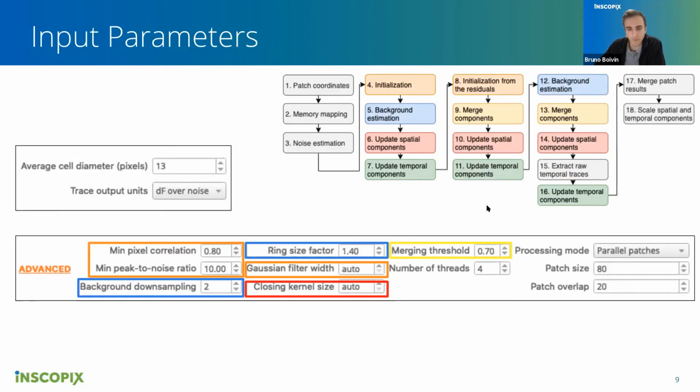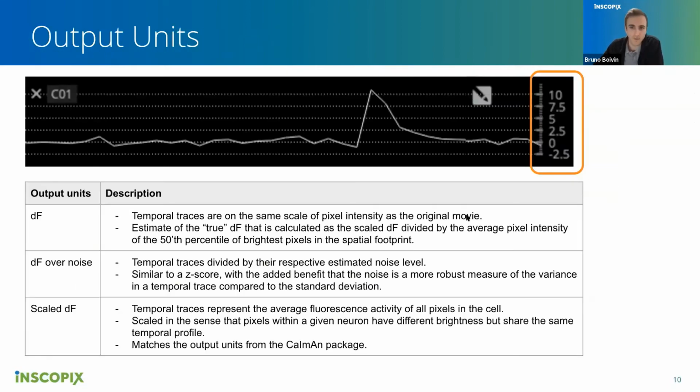Okay, so maybe I'll just talk about the output units before I talk about this division of labor. What I mean by output units are these Y units that you see in IDPS. Currently there's nothing that tells you what they mean, whether you're looking at them in IDPS or extracting them to a CSV file, and people are often confused about that.